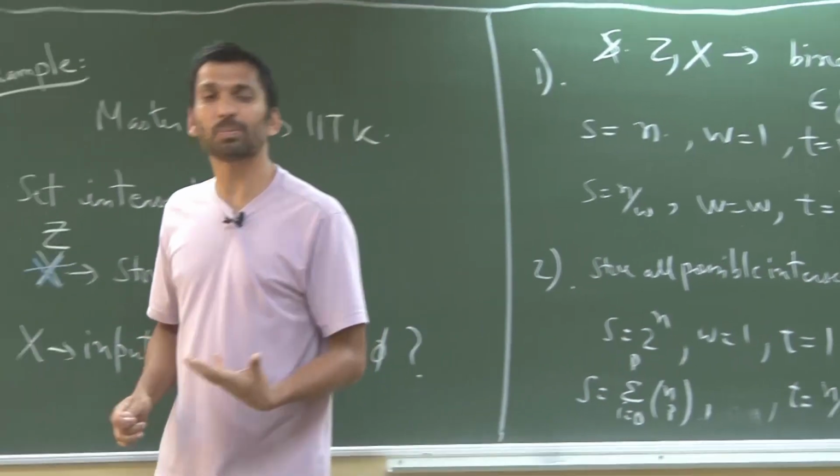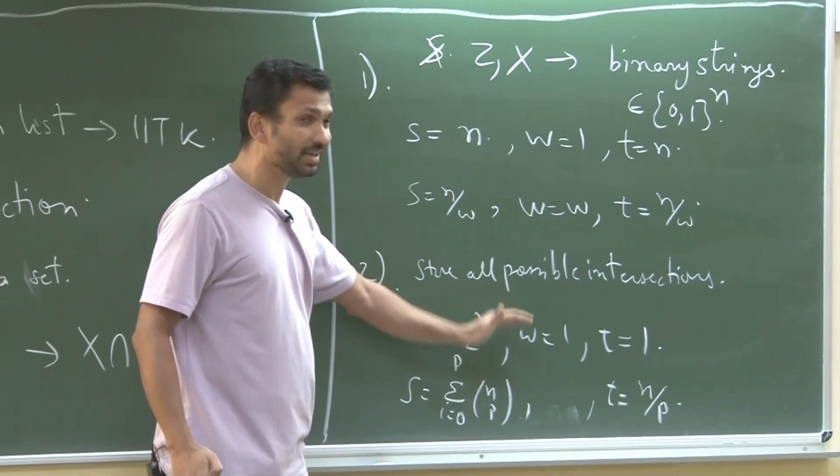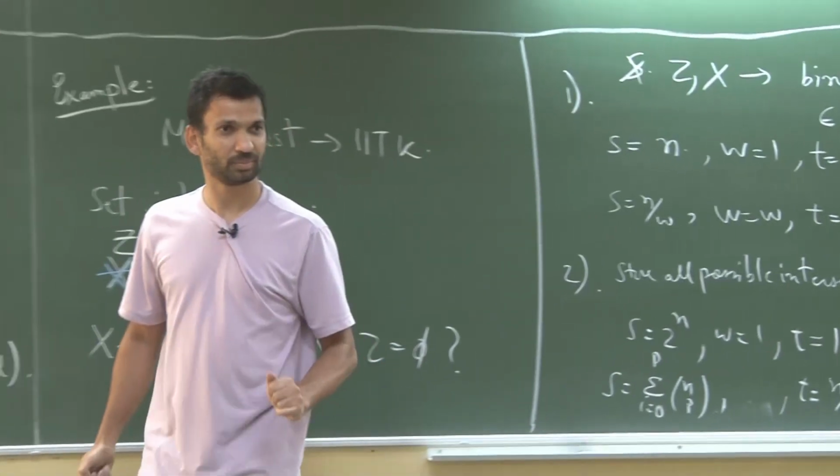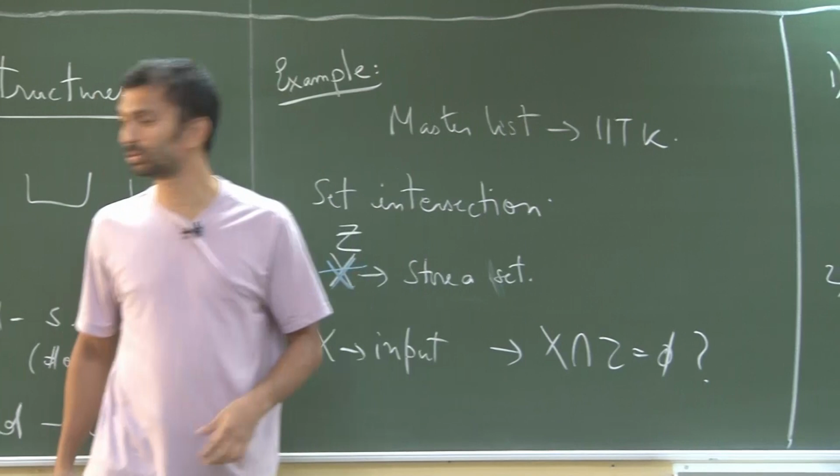But if you want to give a lower bound, you want to capture something which is intrinsic to this problem, right? What do I mean by intrinsic to this problem?